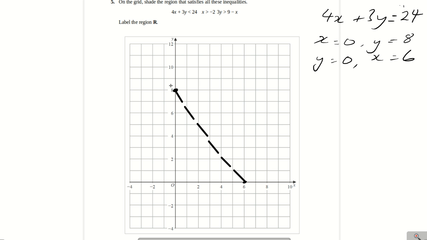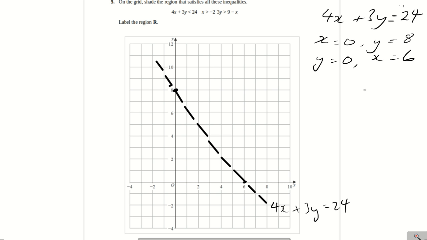And in fact, it'll go on further, of course, there, and it could go further here as well. Now, this is supposed to be a straight line, and it's the line with the equation 4x plus 3y equals 24.